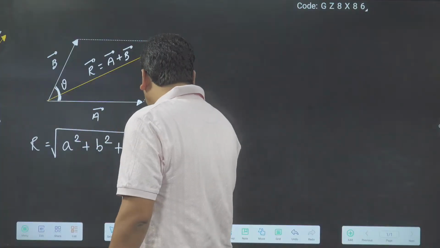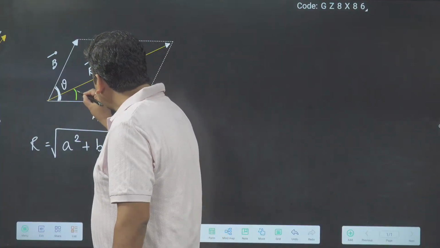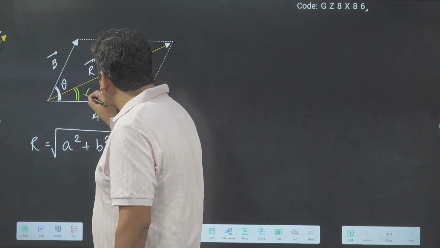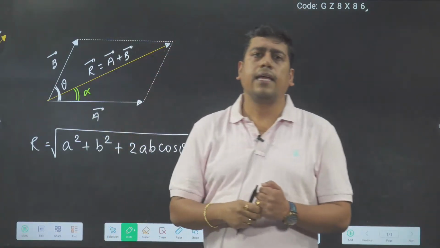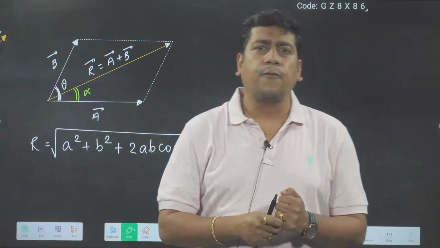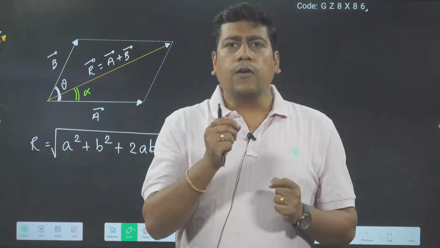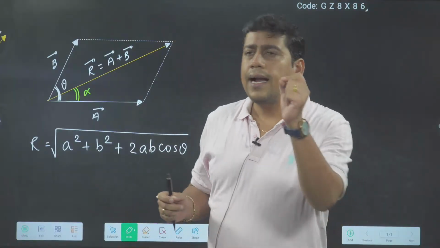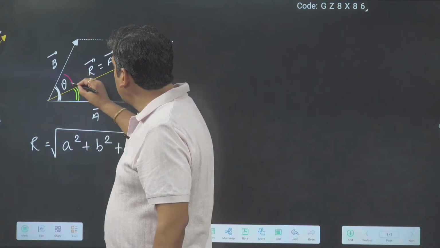So how to find the direction of R vector? The direction of R vector you can find by finding the angle between R vector and any given vector. Either you can find the angle between R vector and A vector, or between R vector and B vector. You have two choices. You can select any one.